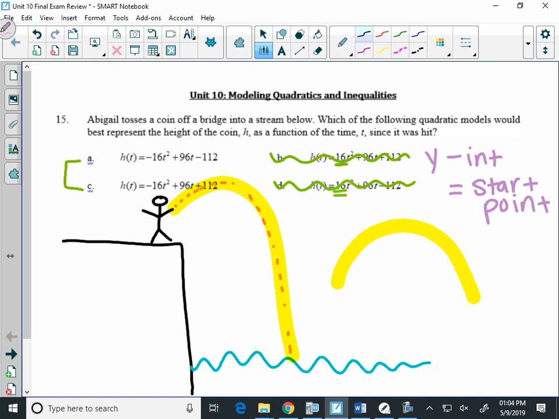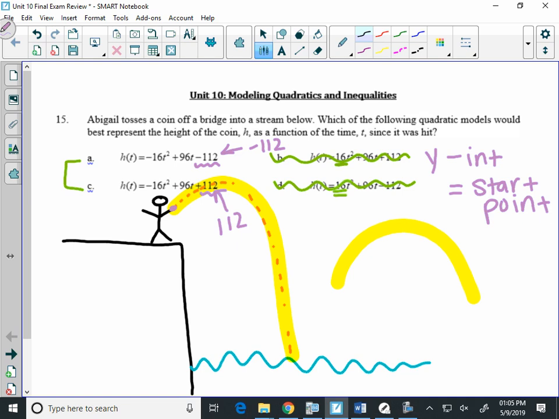So the y-intercept represents where the coin started, and the coin started in Abigail's hand, okay? If we look at our functions, if you remember, this back number always represents your y-intercept, okay? So this one has a y-intercept of -112. This one has a y-intercept of +112, okay?